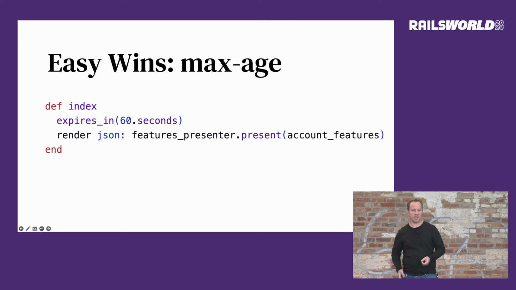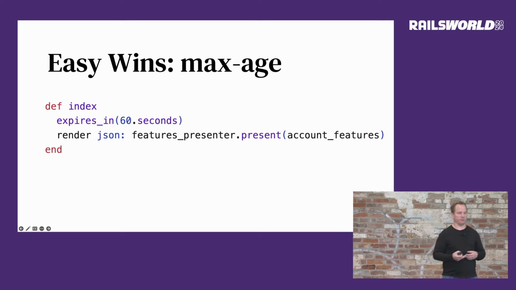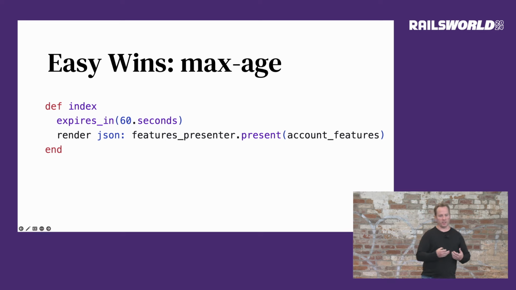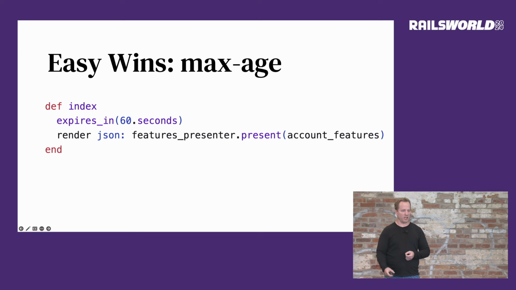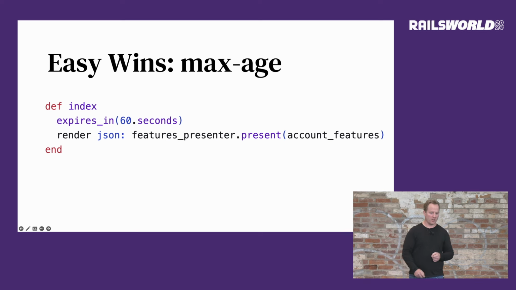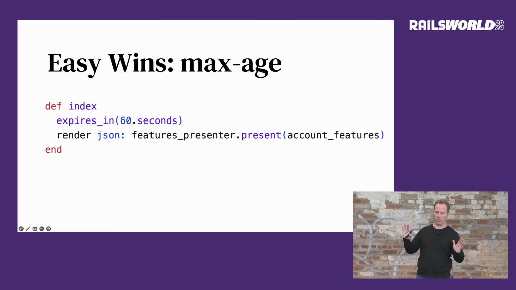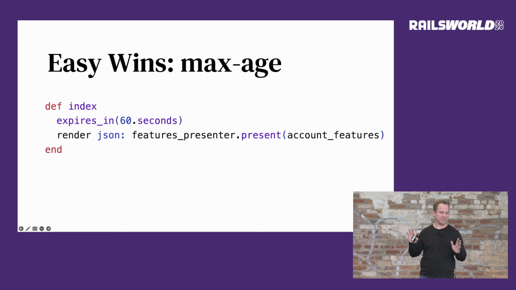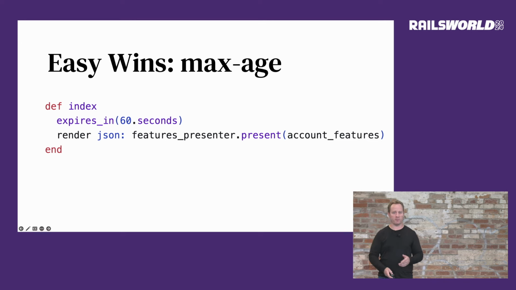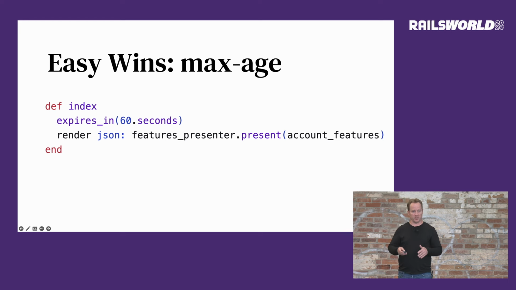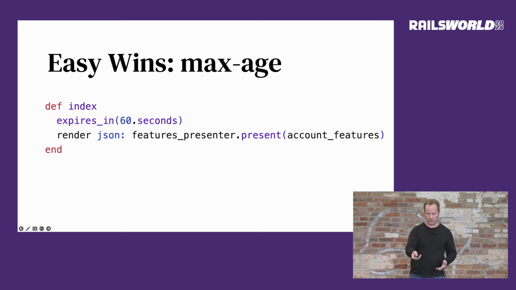And what max age does is, if your browser makes a request, let's say it requests the tickets, and then you send back the tickets, and expires in 60 seconds is set in Rails. When you make the call the second time, your browser stops the call and says, hey, yo, you asked for this within 60 seconds, so I'm just going to give you the same data back. So the fastest traffic you can ever have in your application is the traffic that never hits your application. So that was a big win.